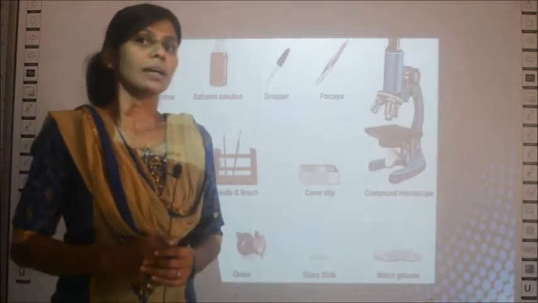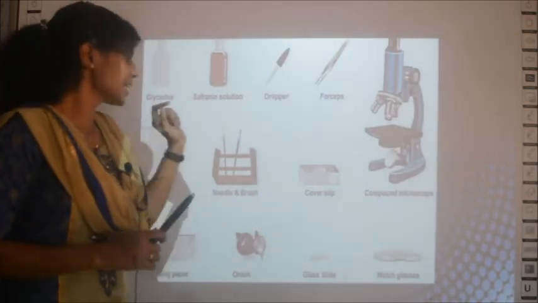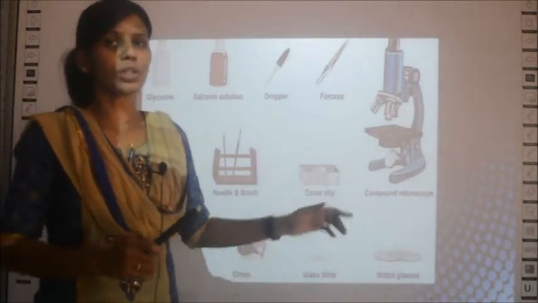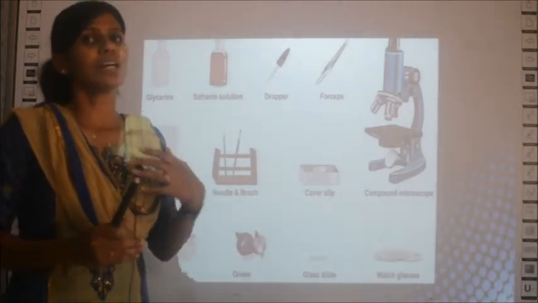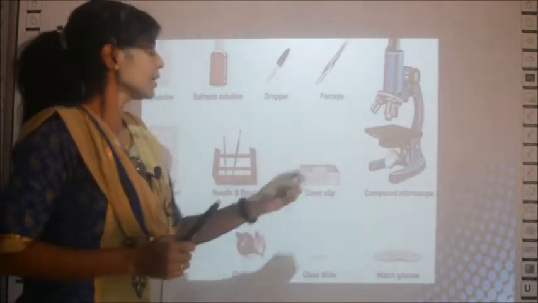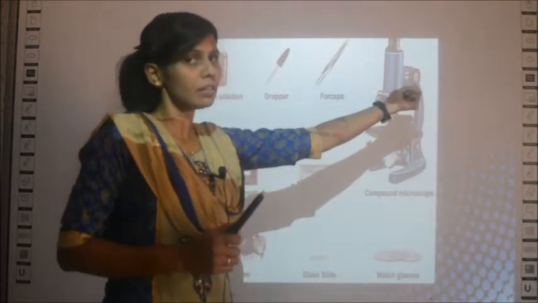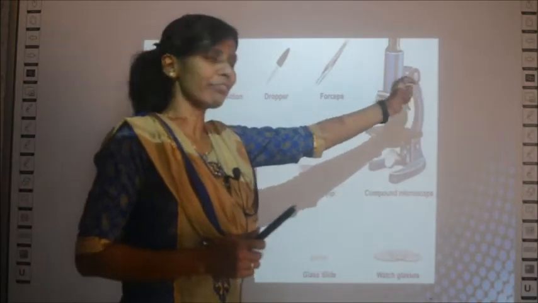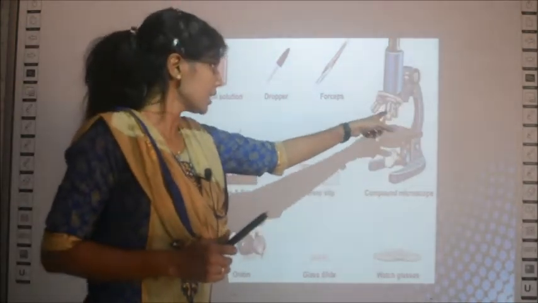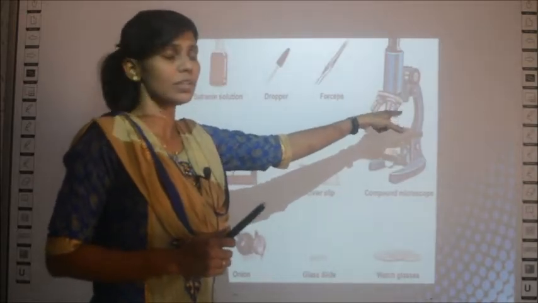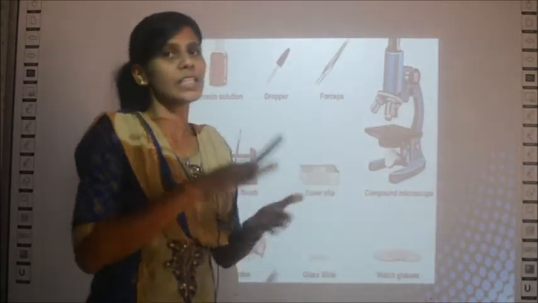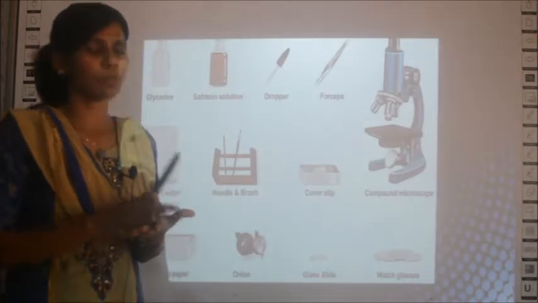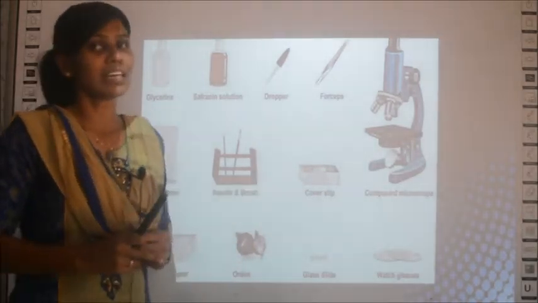Why? Because both the glycerin as well as the cover slip are going to protect your specimen from drying. Or in case you are adjusting the coarse adjustment and fine adjustment knobs, when you adjust, the objective lens may touch and crush your specimen. To protect that, you are covering it with the cover slip.